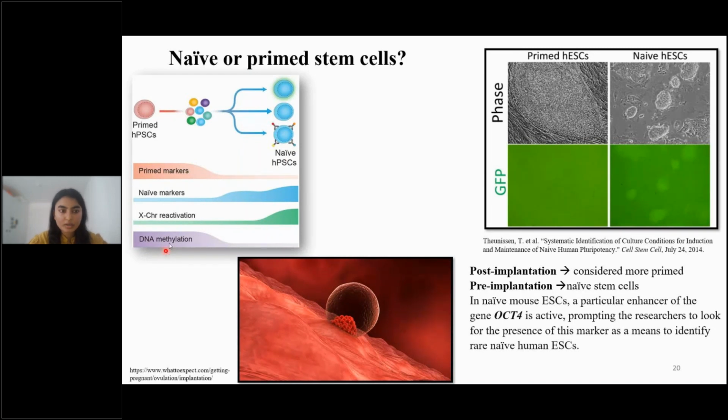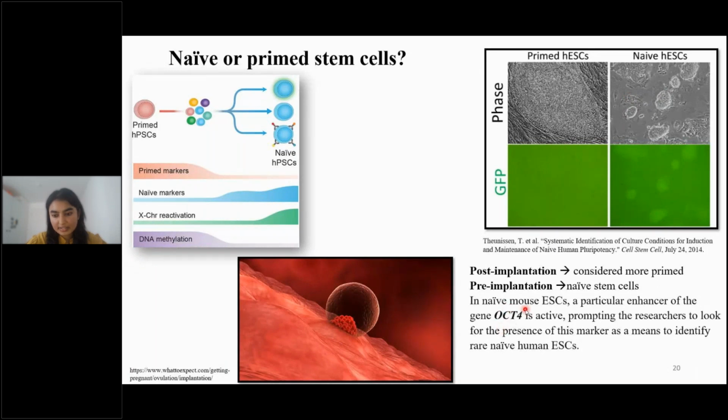And if you want to work on naive cells, then this is kind of nice. I took this from a paper. This is what primed cells look like under a phase microscope, and this is what it looks like in the GFP channel of the microscope. So this is the phase channel and the GFP channel. What they have done is they have tagged the OCT4 protein with GFP.